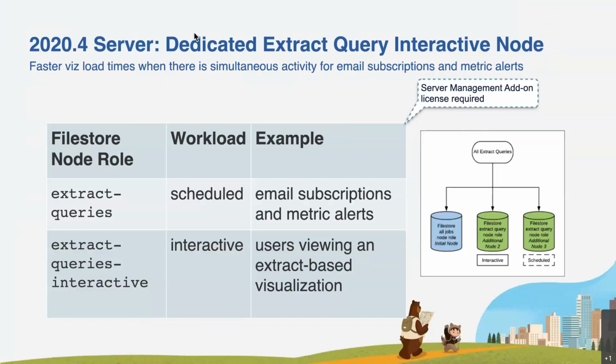Now I have the flexibility to configure 1 or 2 file stores only for the subscriptions and the metrics workload, and I leave the remaining 3 file stores for user browser click interactivity. So I can avoid potential conflicts between subscriptions and the interactive views.